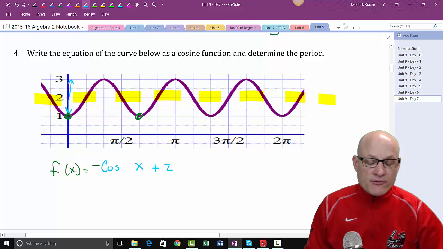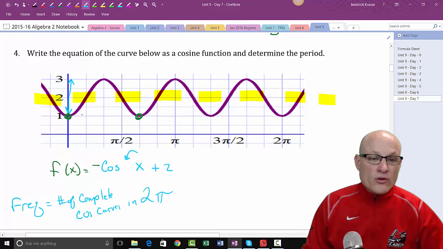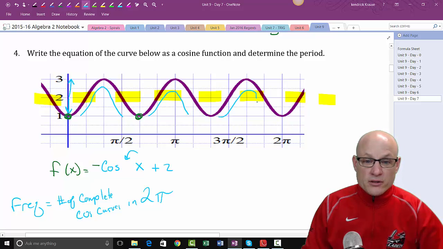And now I just got to figure out the frequency. Now, remember, frequency is defined as the number of complete cosine curves in 2 pi. So this would be 1, this would be 2, and this would be 3.